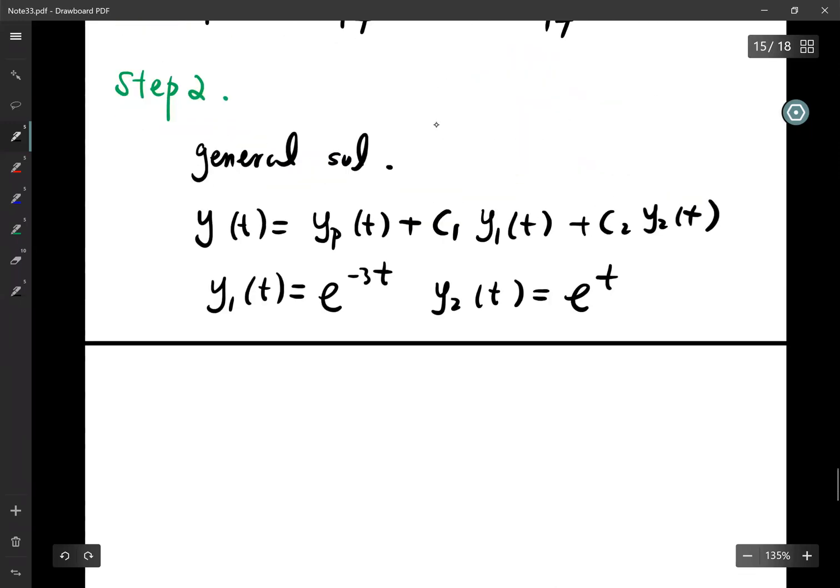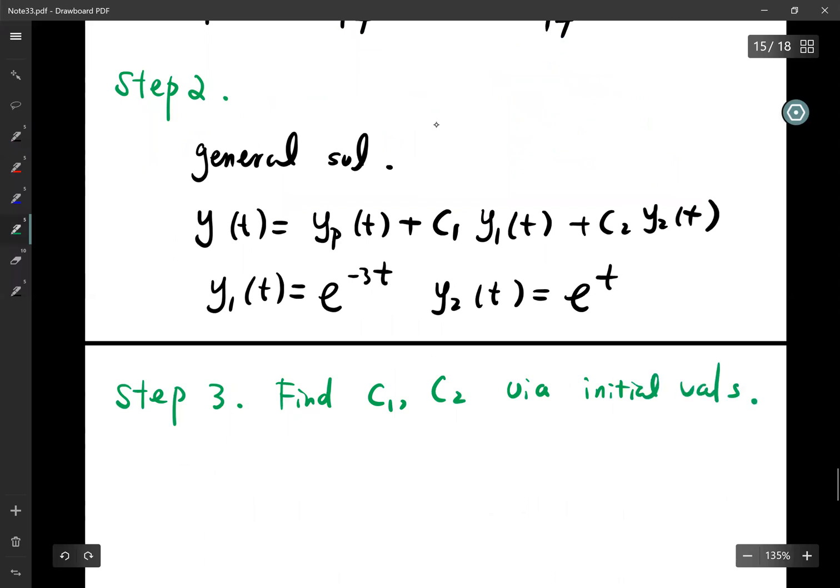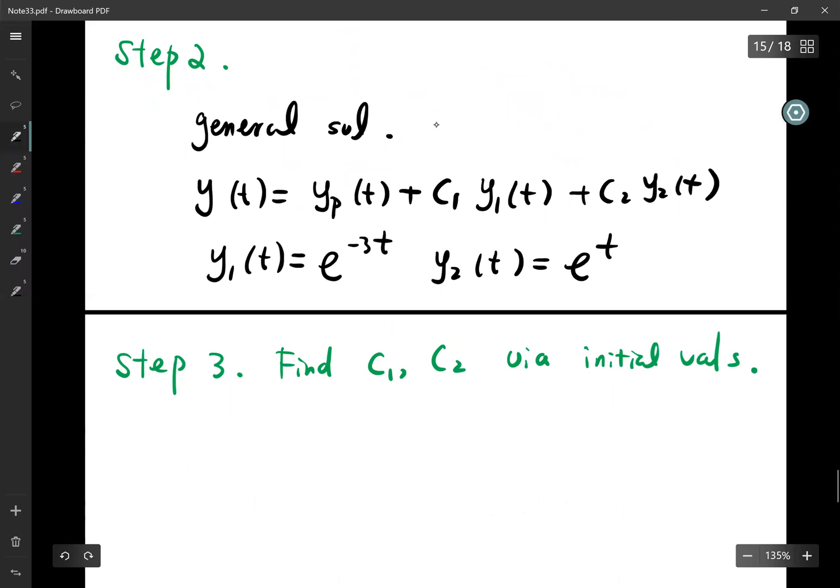So this is step 2. Step 3 is to find C1, C2 via initial values. So this one says y(0) is yp(0). Don't forget that.